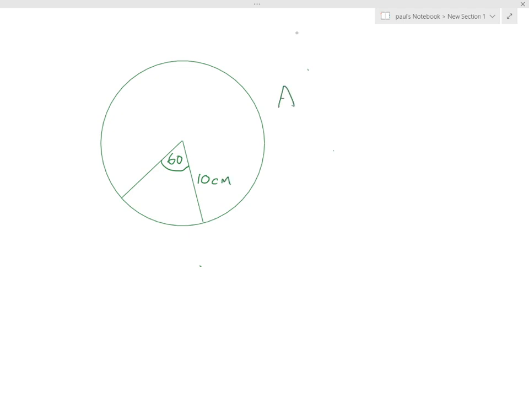So working out the area of this. Now, again, remember to use pi r squared. Now this will be for the whole of the circle. Now we're going to work out a fractional amount of the circle like we did before with halves and quarters. But this time we've got to remember that there are 360 degrees in a circle, and so this is part of that 360 degrees, which is 60 out of 360.